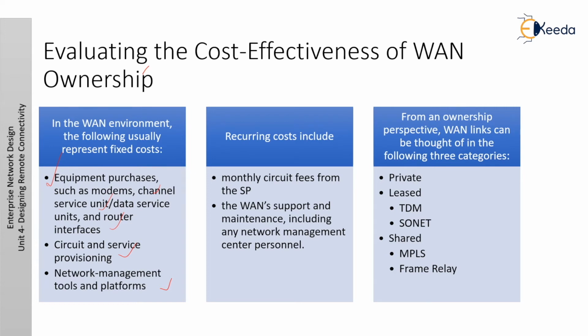While recurring cost includes monthly circuit fees from the service provider, like the 699 plan. This plan is for users like us, but for enterprise level users, they have different plans like 9999 per month with the speed of 1 Gbps and so on.